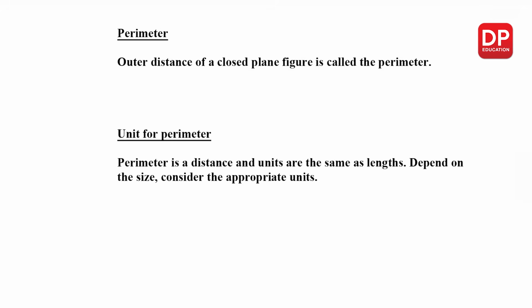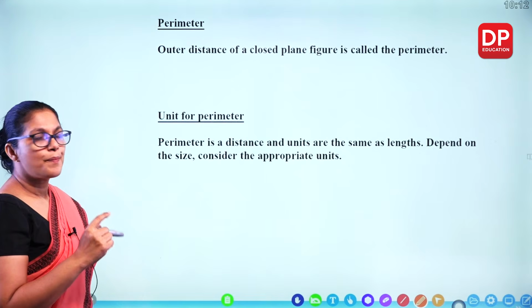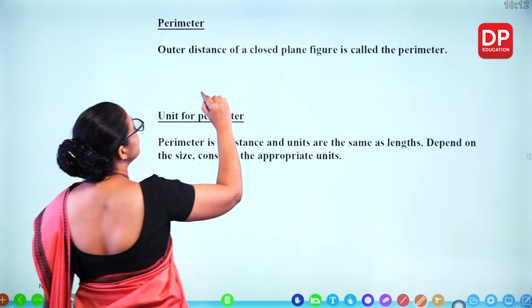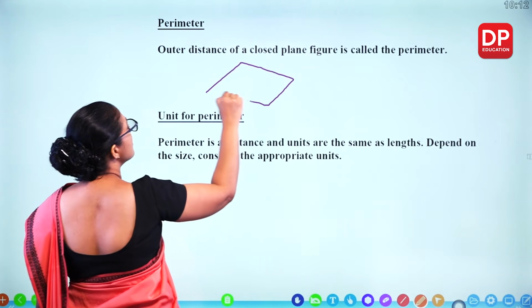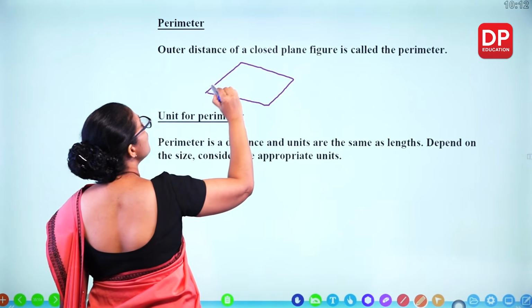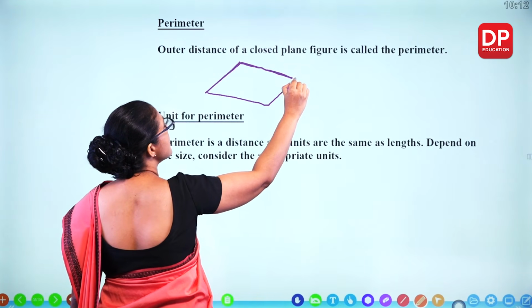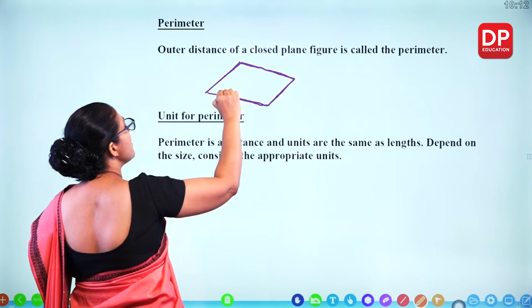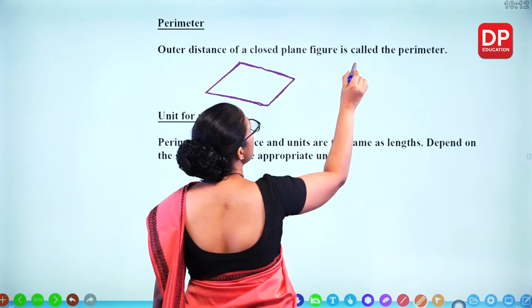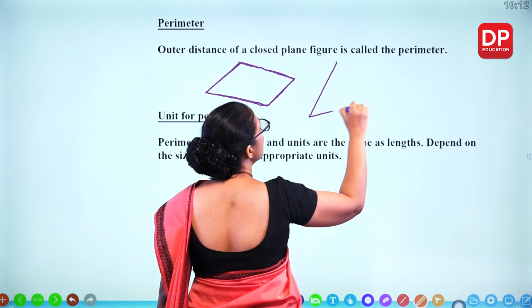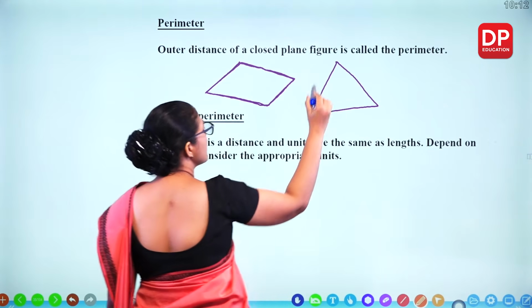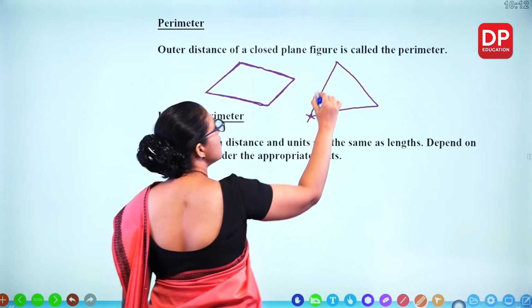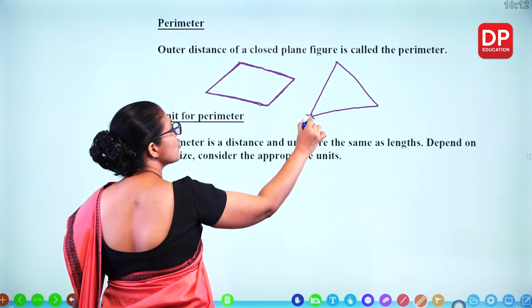Now we'll talk about what perimeter is. Perimeter is the outer distance of a closed plane figure. So when you take any closed figure, you have to add all these lengths. That's the perimeter. You can take any shape. So this is a closed figure. You can start from here, go round and come back to this position.